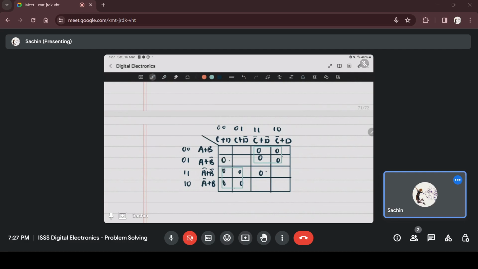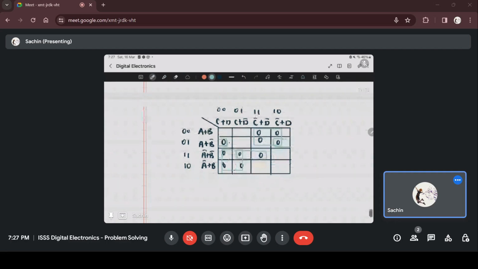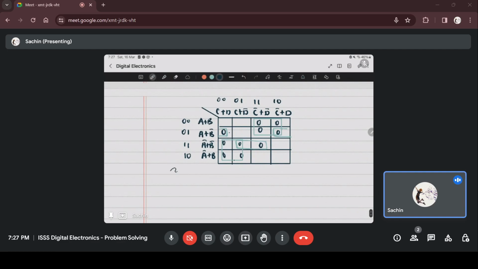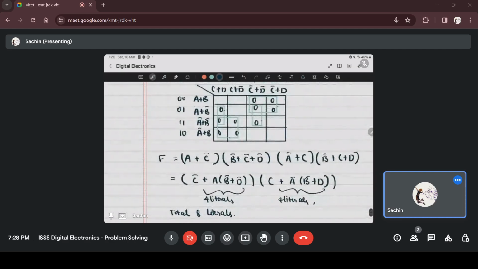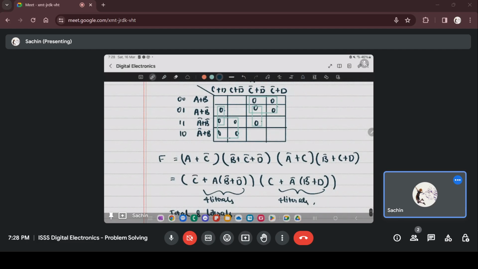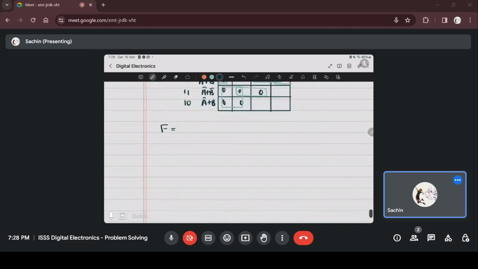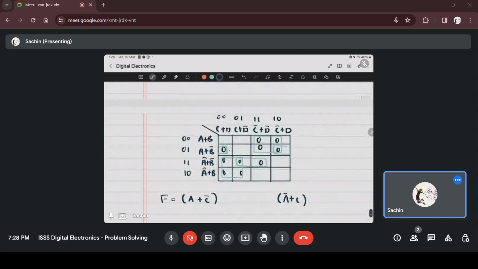So you could have formed a pair like this and formed another pair like this, and that would give us a different expression. So those quads are the same, so you'll still have a plus c bar into a bar plus c. The pairs are different.